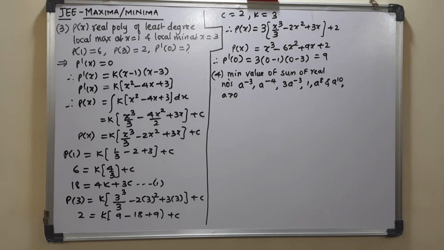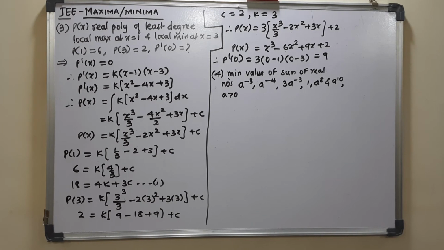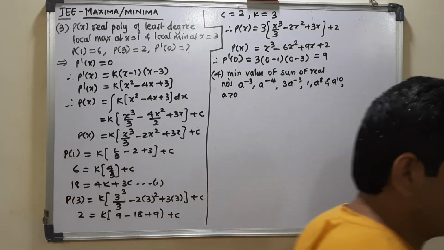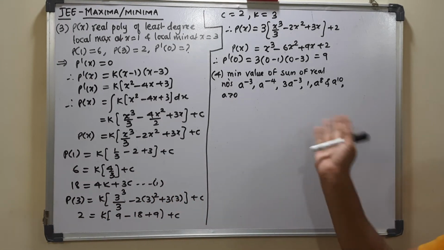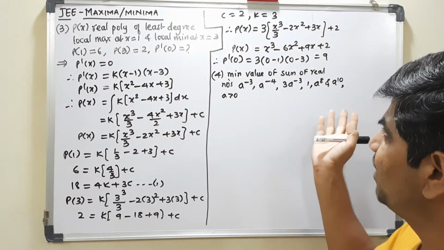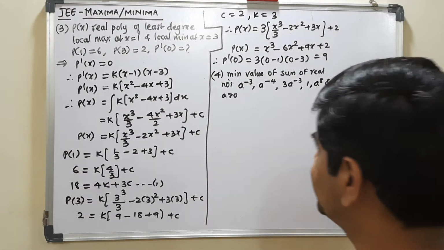Now coming to this particular question, if you read the question, it says the minimum value of the sum of real numbers, that means these all are real numbers, specifically mentioned that a is positive. Now if this is there, recollect that you do not have any function over here, but you have to just get the addition of them.